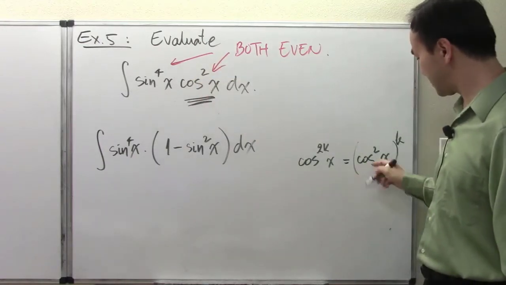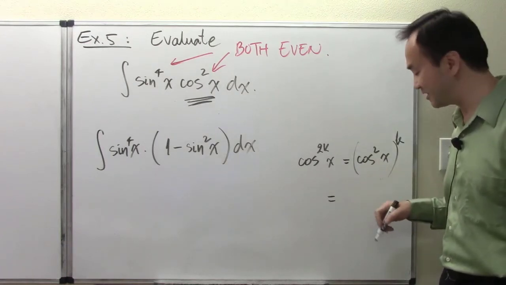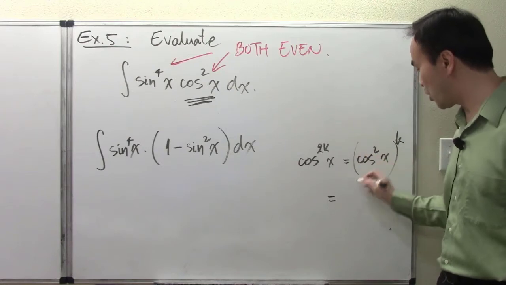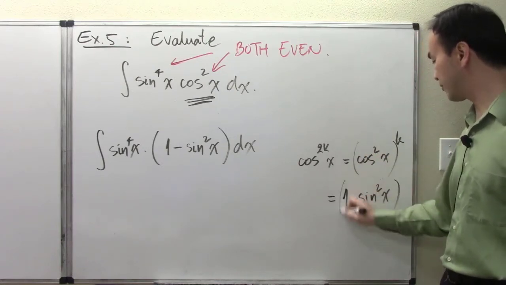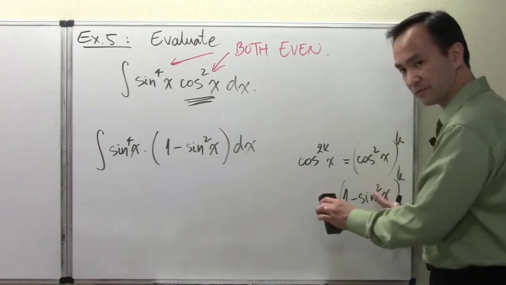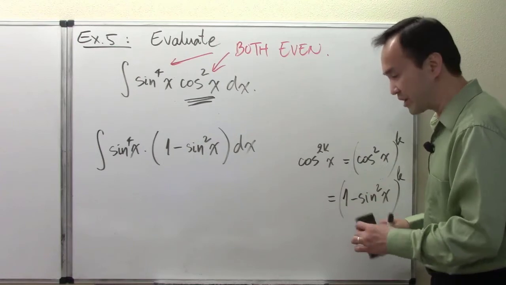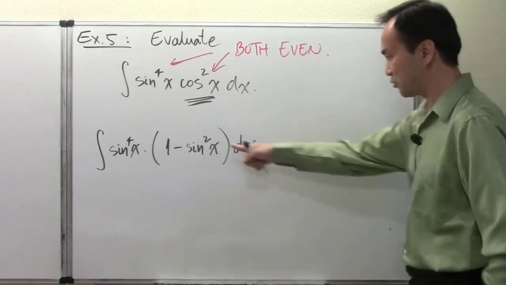And so that standard trick that we've been doing a lot in earlier examples, we rewrite the square individually as 1 minus sine square of x and raise that to the k. That's a generalization that can be reapplied here from earlier examples. And that's what I was doing here.